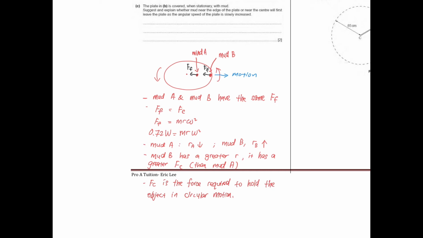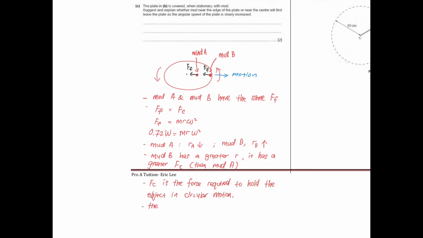That means if you want to hold mud B in circular motion, you require a greater force to hold it compared to mud A. So our frictional force is not enough to provide that centripetal force when the plate is rotating faster and faster. Okay, I write down first.